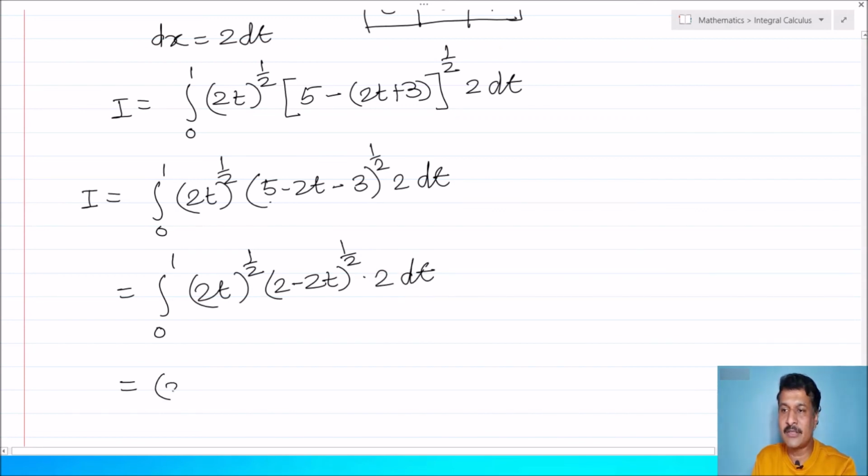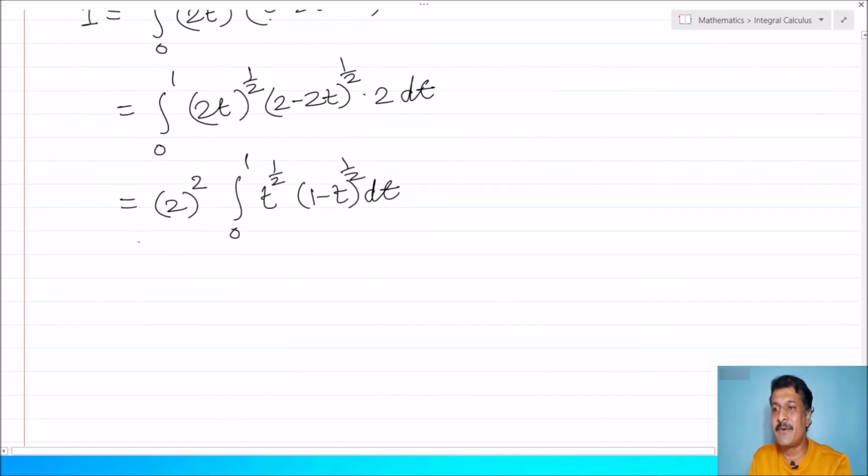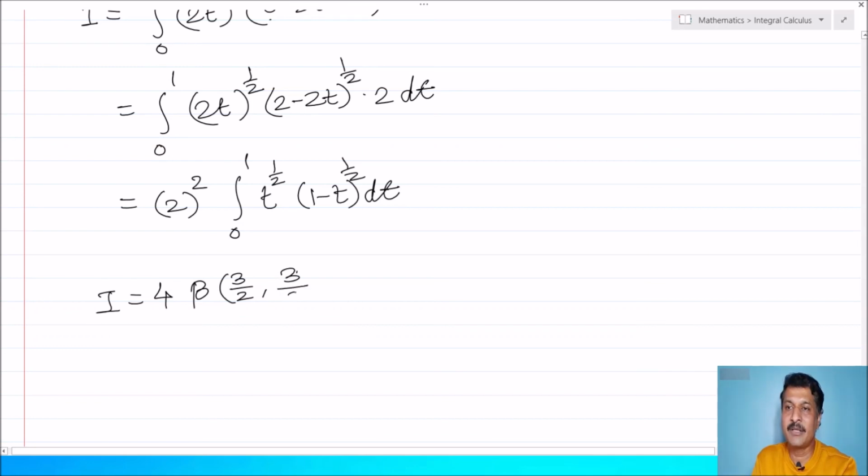So common out the terms, so 2 raised to half here, here also 2 common, so 2 raised to half and 2 raised to 1. So half plus 1, I am getting 2 square. Integration 0 to 1 t raised to half, and here (1 minus t) raised to half dt. So by definition of beta function, I am getting I equal to here 2 raised to 2 means 4, and it is beta, half plus 1 means 3 by 2, half plus 1 means 3 by 2.